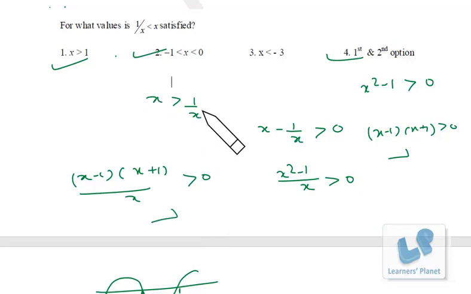If you go for the cross multiplication, you will get this equation. If you take all the terms aside and take LCM, you will get this expression. So this 0, 1 and minus 1. So you'll be missing this portion over here. So in that case, you will end up getting the wrong answer.